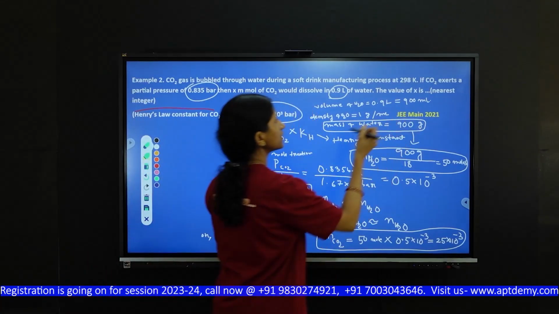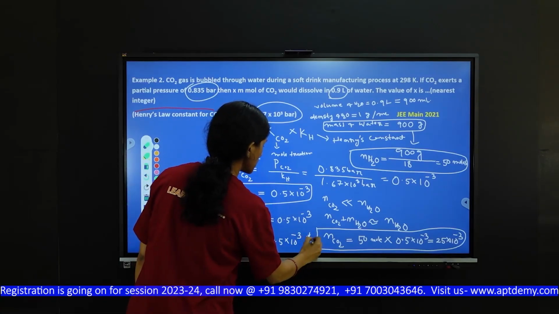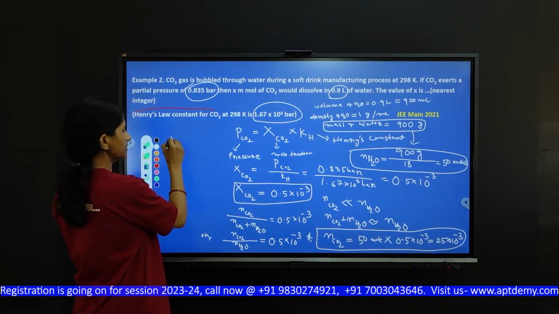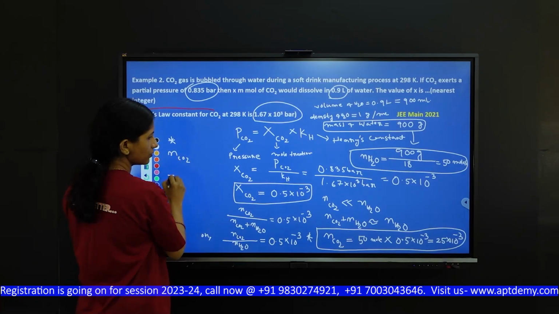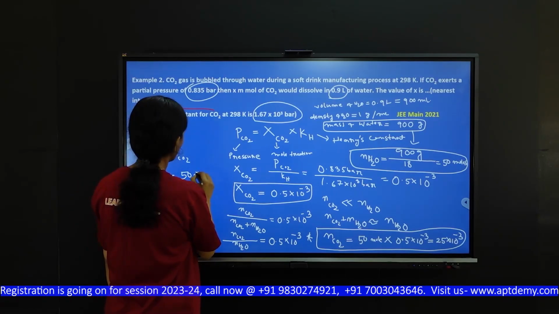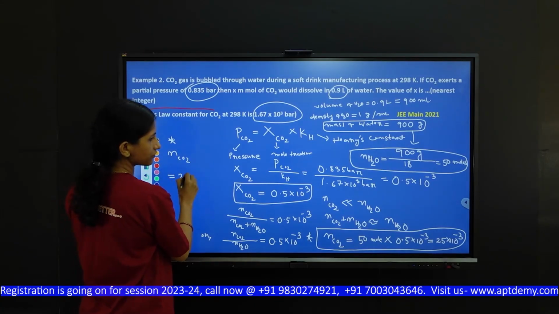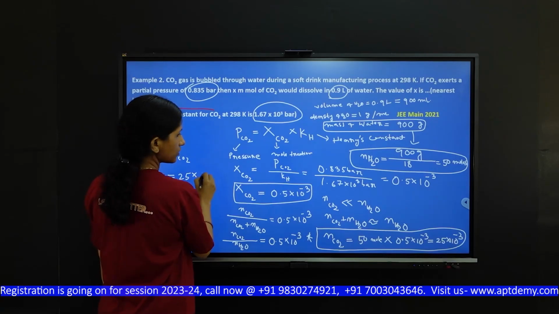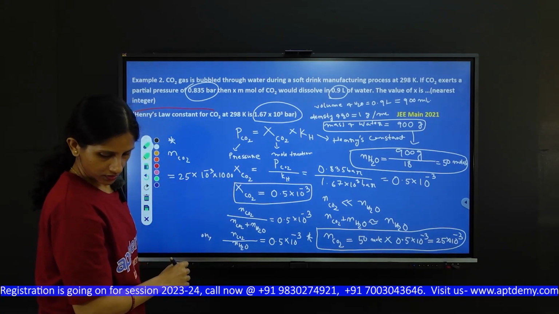So if you make a star here, I'll solve the rest here. So NCO2, we have already calculated, so we can directly put the value as 25 times 10 to the power minus 3 times 1000, right?